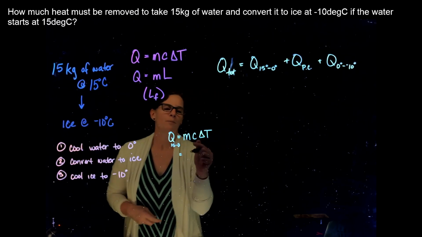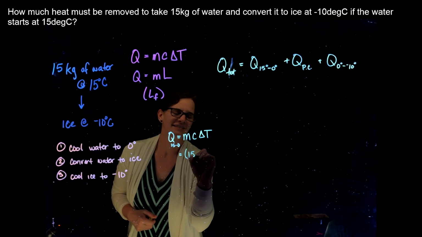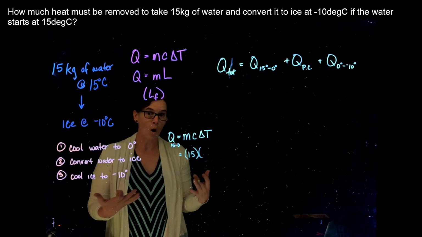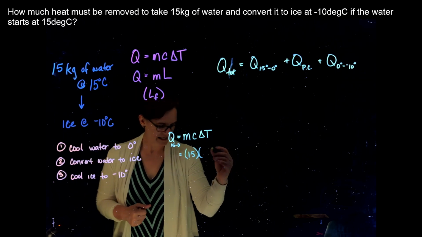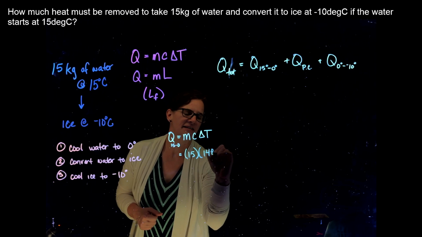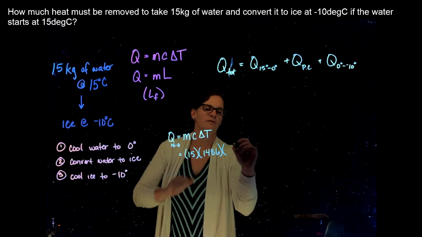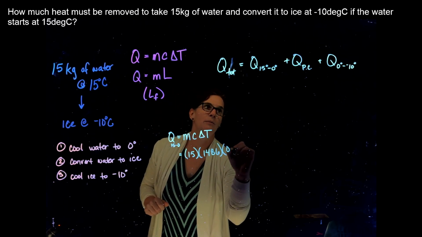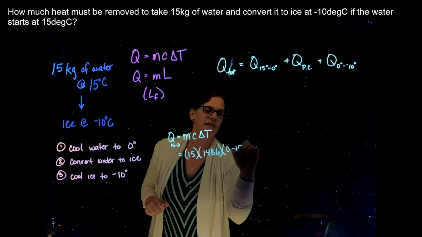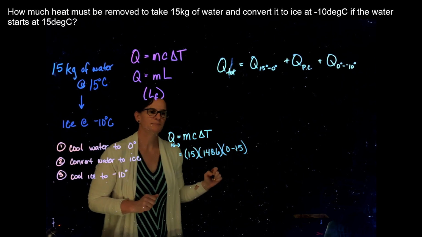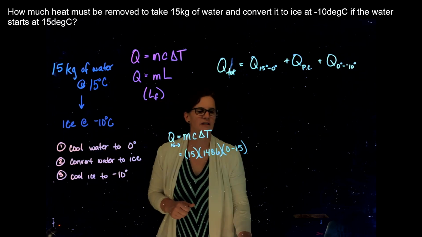So, mass of 15. The specific heat of liquid water is 4186. And we are going from our final temperature of 0 minus our 15 degrees. Okay, so we're doing a change in temperature.